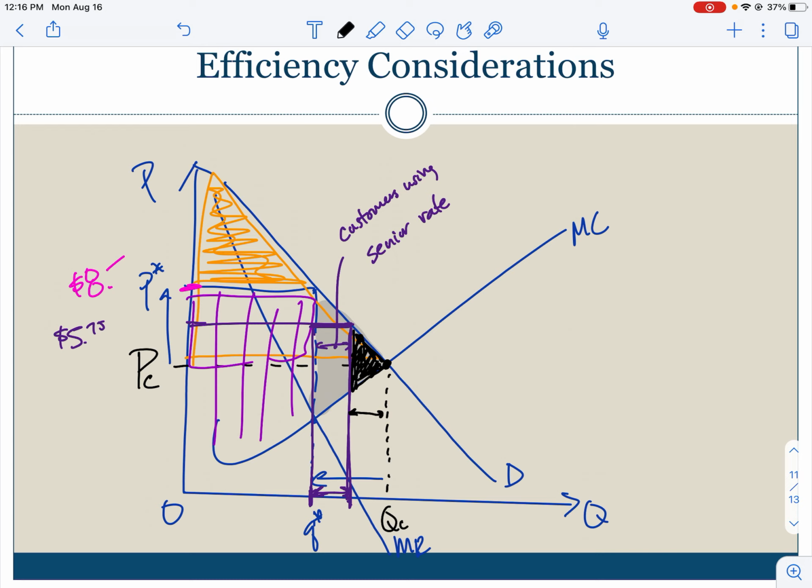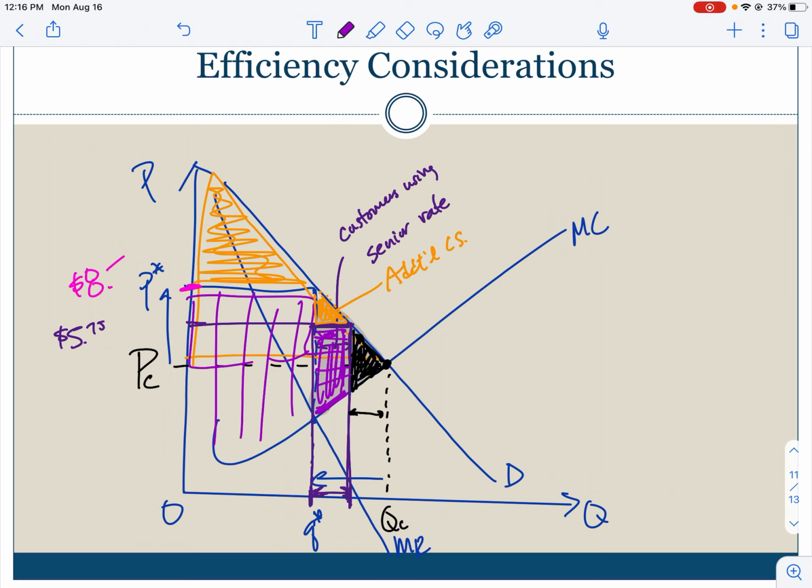So the deadweight loss is much smaller than before, and there's a little more consumer surplus, right? Because some of these senior citizens would have paid this price and they get to pay this other price. So here's additional consumer surplus. And then, of course, who else wins? Well, the movie theater, because they let all these people in at this price, and marginal cost was down here, and so they're made better off as well.